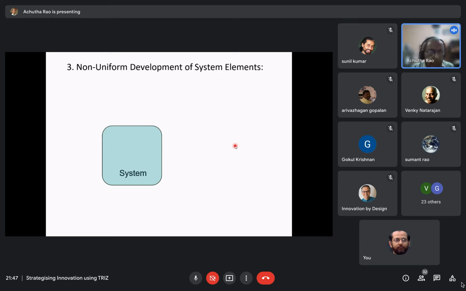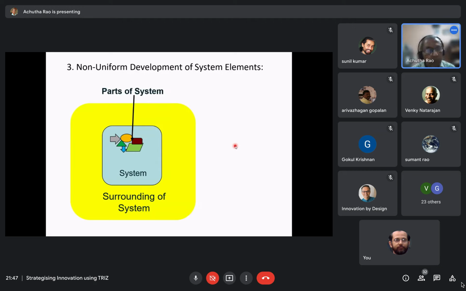So systems are created using subsystems which have different technology evolution curves. And then they have to interact with systems around them which are again not controlled by us. So when these three different systems do not grow at the same level, innovation suffers. It's a very, very interesting thing.